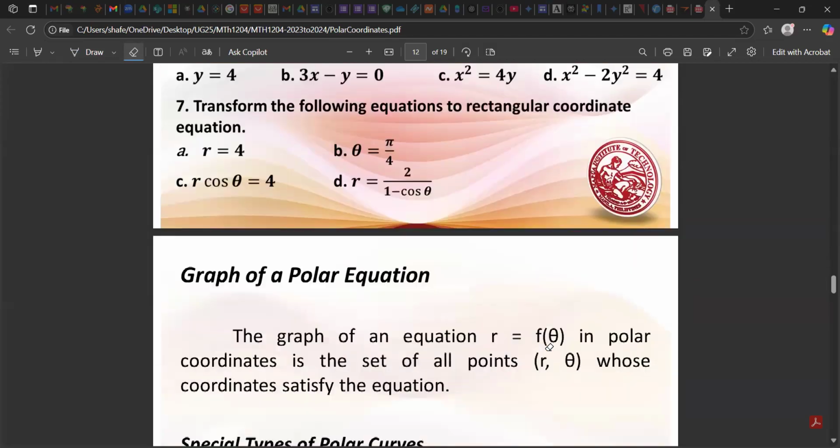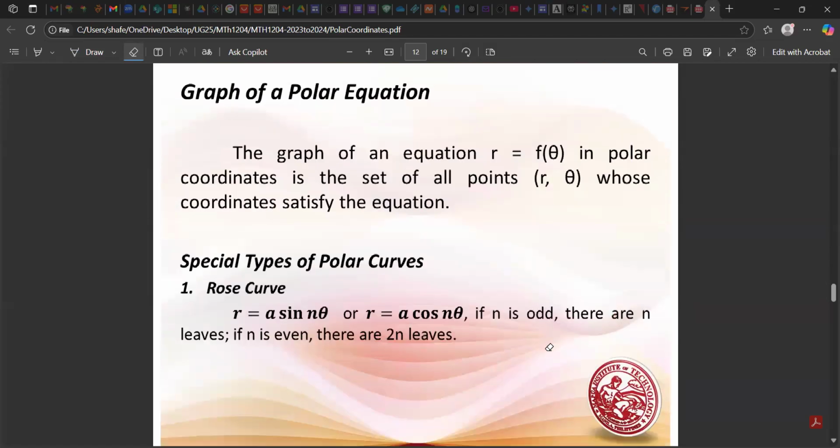Good. What about some graphs now? What about some graphs of polar equations, right? And there are some categories because of some similarities with these graphs. They were able to kind of categorize them, just like how in Cartesian coordinates, you have conic sections. We're going to touch on that a little, maybe Friday.